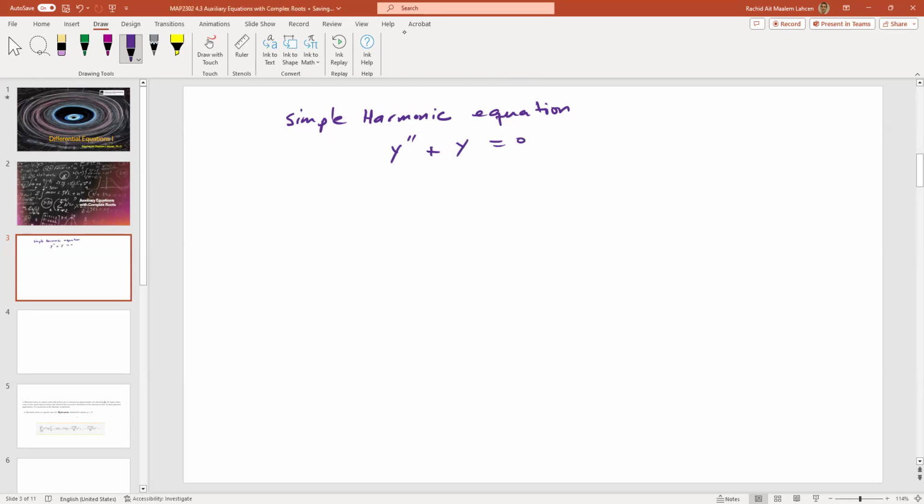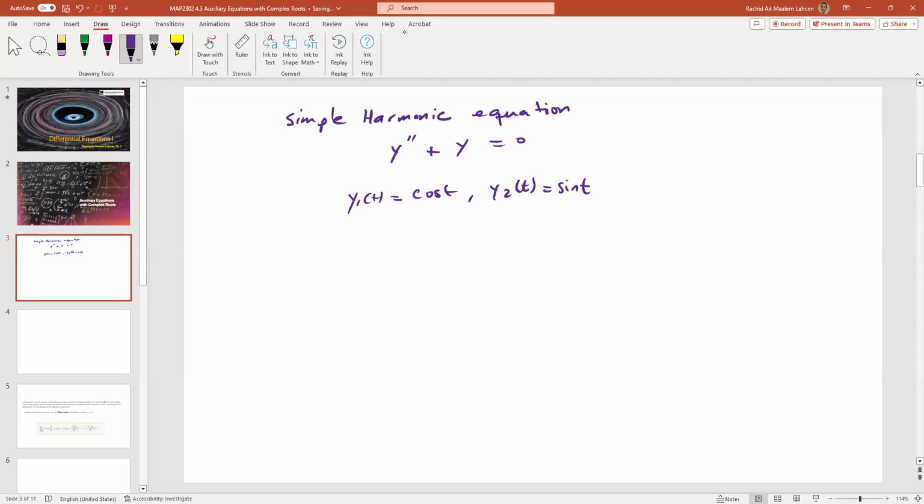And it's called harmonic because of its connection to musical tone. And if you connect this with previous knowledge, you've seen the type of solutions to be something like this.